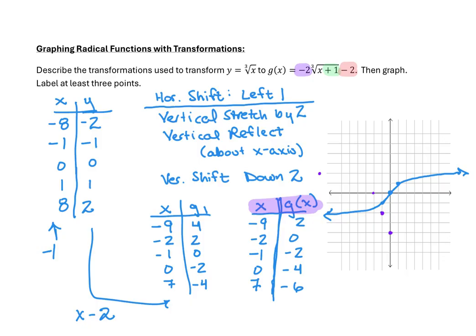We have 0, negative 4. And we have 7, negative 6. And when we graph this, we have that our snake shape has been reflected. So we have flipped it. And we've also done some stretching and some shifting.